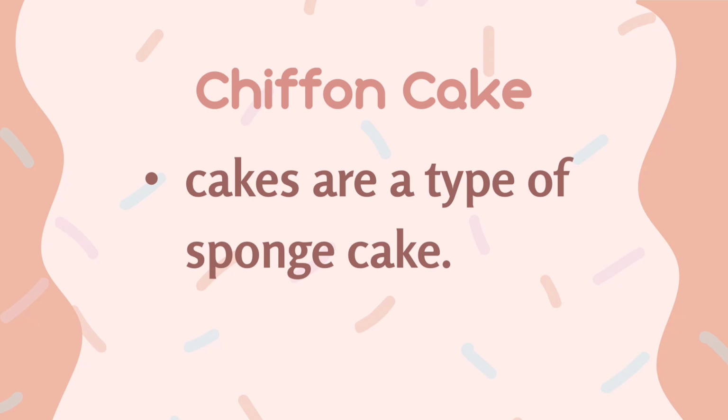It includes vegetable oil, which gives it a tender texture, and beaten egg whites for a fluffy consistency. Chiffon cakes are known for being soft, airy, and versatile, often used as a base for various desserts.